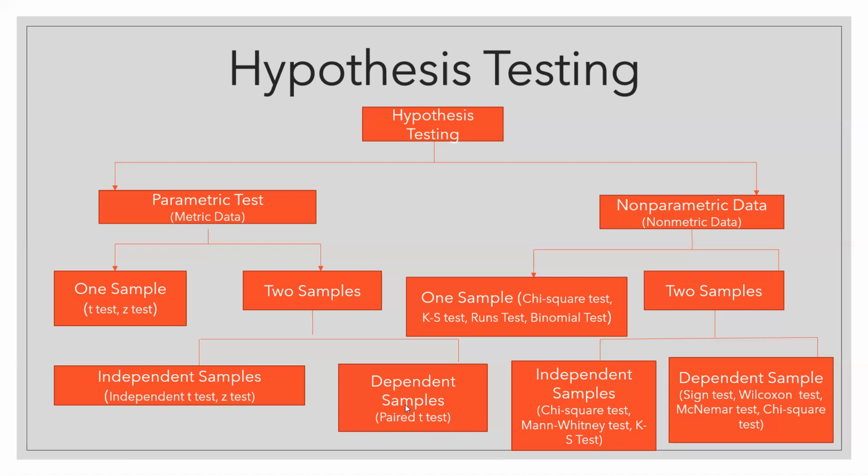Paired t-test means the post sample is dependent on the pre sample. Pre and post marks are relative, so we want to compare both these marks to see whether there is any improvement or not.